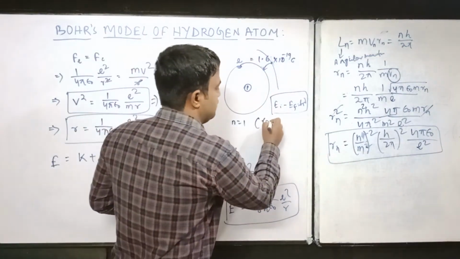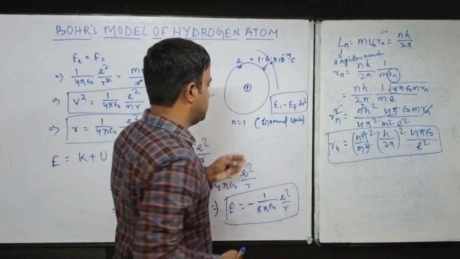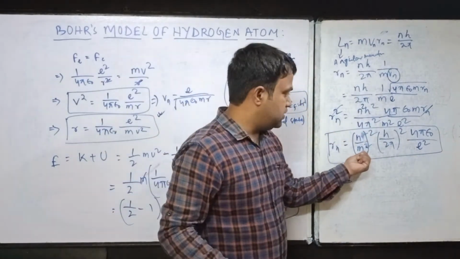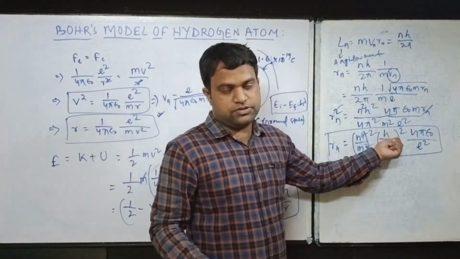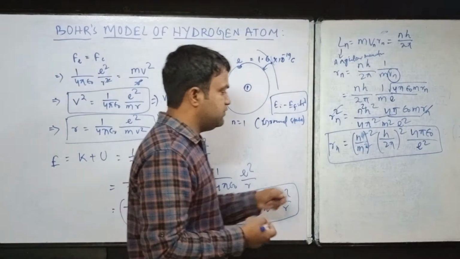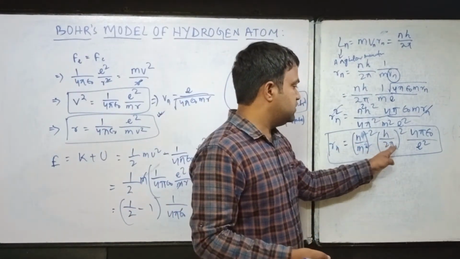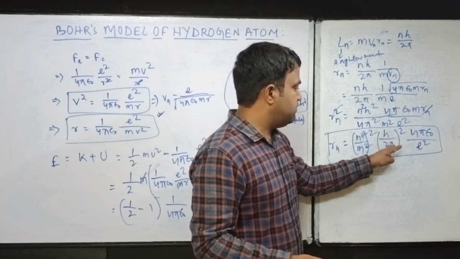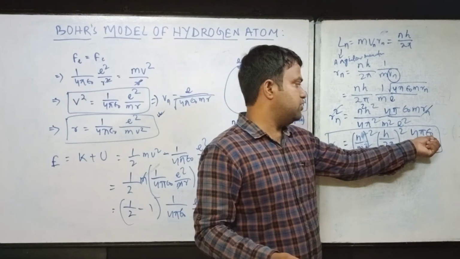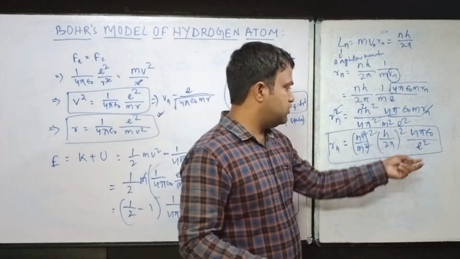So for this ground state, if you put n equal to 1, mass of the electron, that you know, Planck's constant also you know, 6.6 into 10 to the minus 34, mass also you know, like 9.1 into 10 to the minus 31 kg, pi value also you know, epsilon naught is the permittivity of free space, electric charge also you know, all are constants.